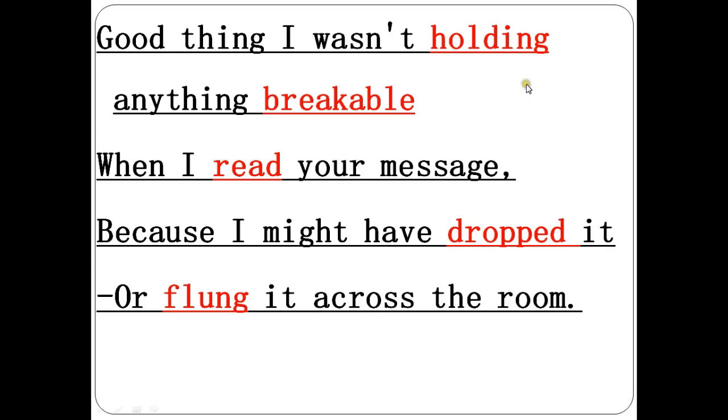I highlighted some words which give clues, and these are the indicators. Holding, like touching; breakable, related to sound; and read, like looking; dropped, sound; flung, throwing, again touching. So these all appeal to your senses, the five senses.